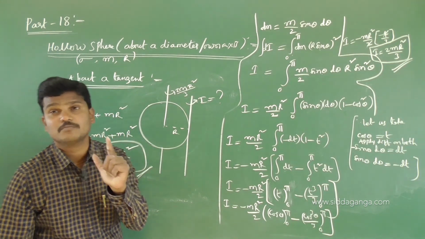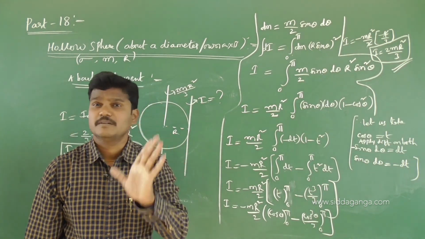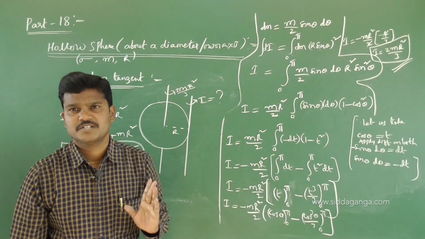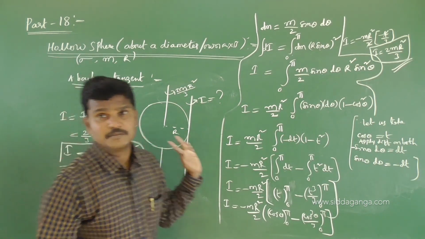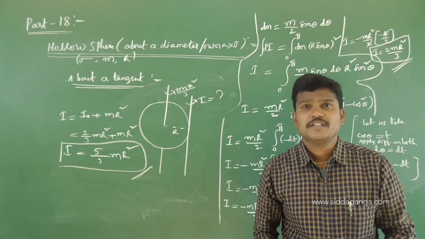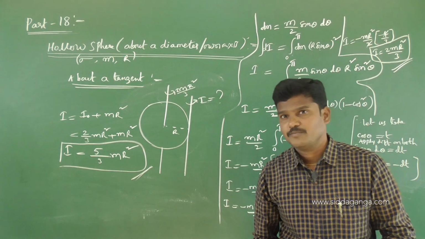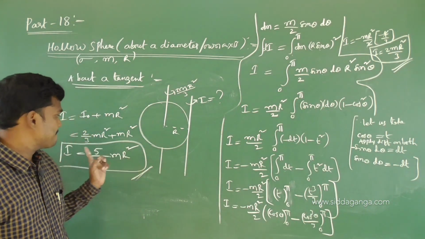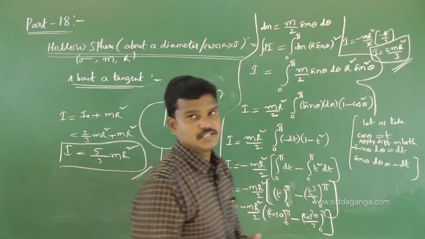Keep all these formulas in order wise. Practice number of times. These formulas will help in solving number of questions. And a hollow sphere, about a diameter or about its own axis 2 by 3 mr square. About a tangent 5 by 3 mr square.